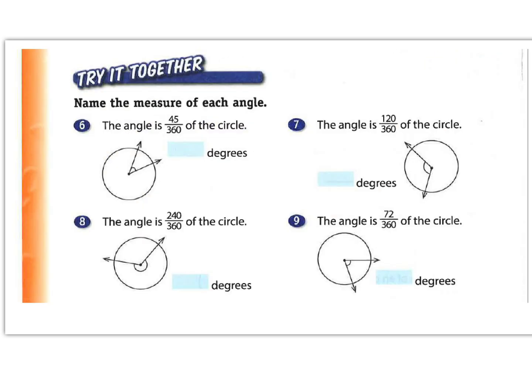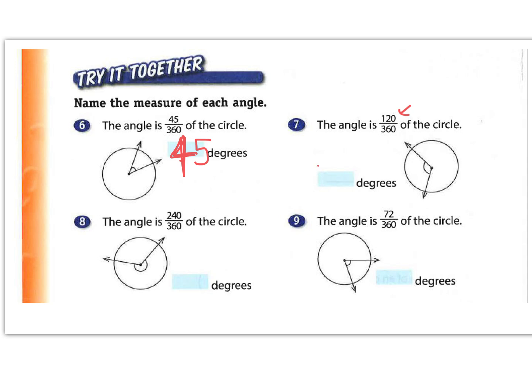Number 6, name the measure of each angle. What we learned before is that each degree is 1/360th. So if we have 45 360ths, we know that that is 45 degrees. Number 7, the angle is 120 over 360.